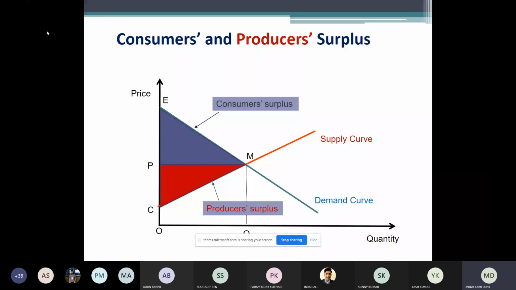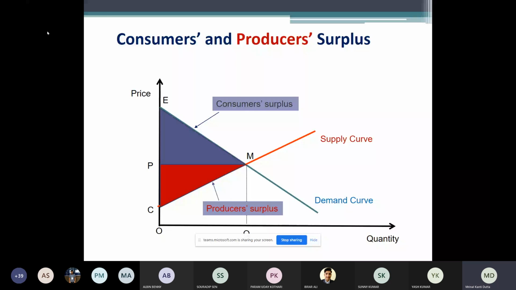Obviously, when the output is reduced from OQ, there will be some reduction in the consumer and producer surplus. So some amount of consumer and producer surplus will be at stake. That is what is talked about in the case of the Coase theorem.